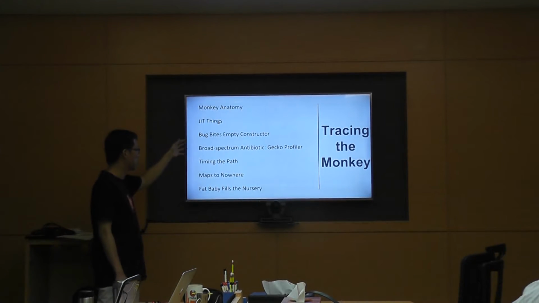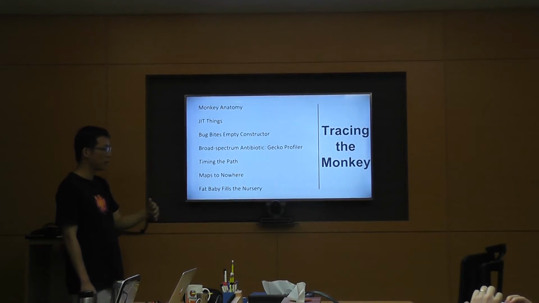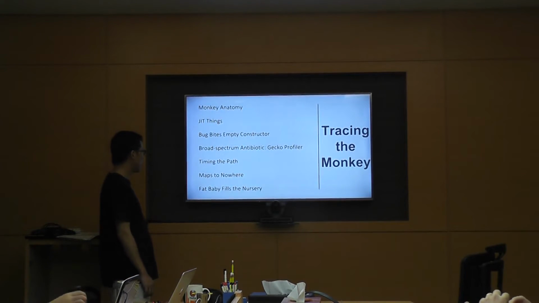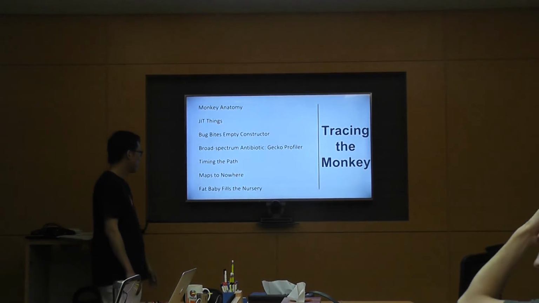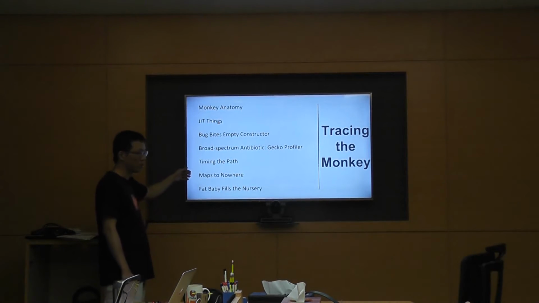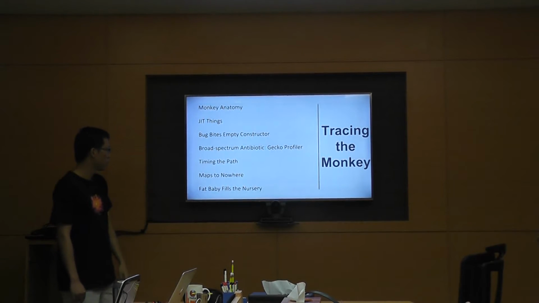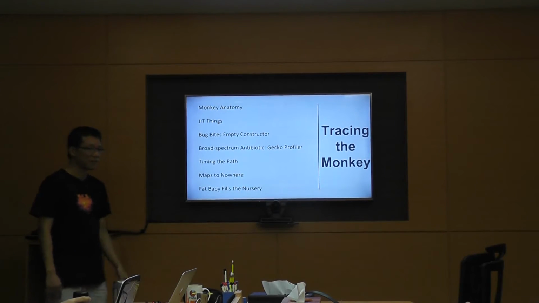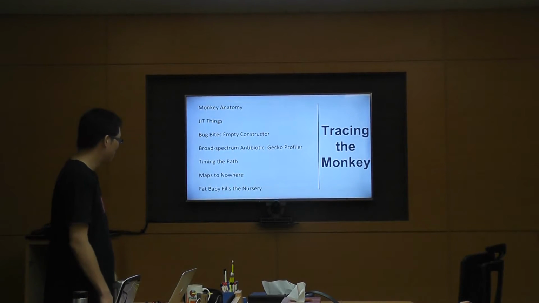Then I introduced the bug where the empty constructor in the loop slows down the program compared to the one with members. Then I introduced one tool useful for basically any case where you don't have any idea. And then how I found the root cause of the issue by some lucky guessing. Okay, that's all.